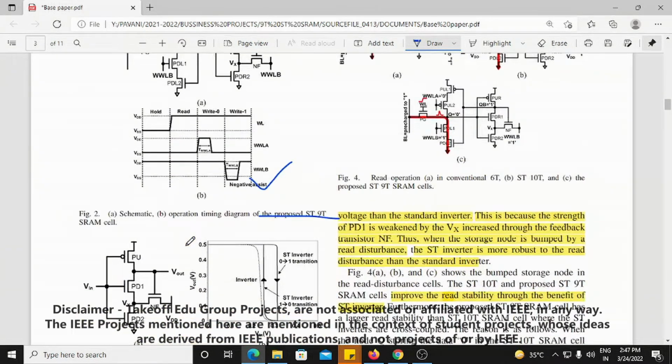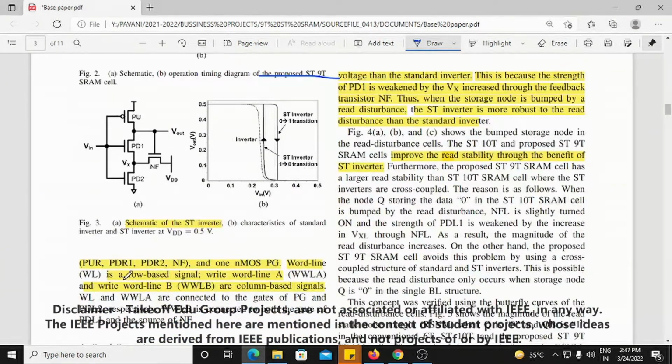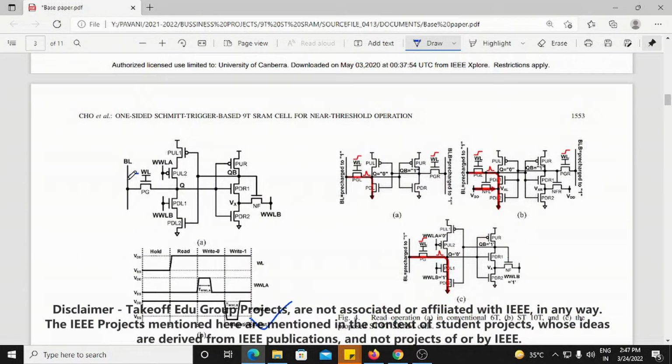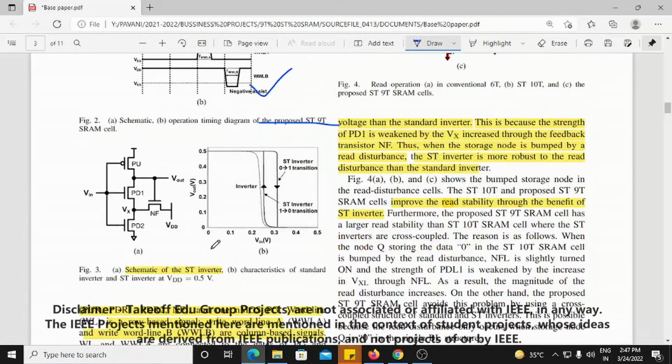I forgot to mention one thing: the ST inverter uses PUR, PDR1 and PDR2, and NF, and one NMOS PG. PG is nothing but power gating, and these three form the ST inverter.